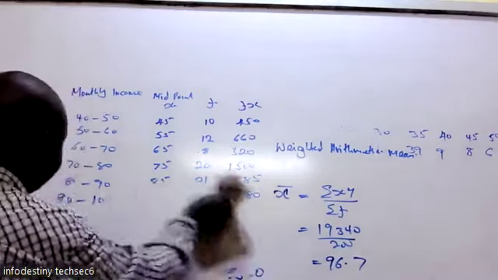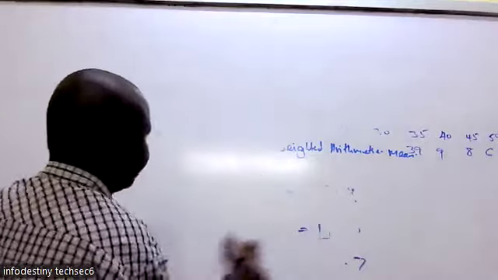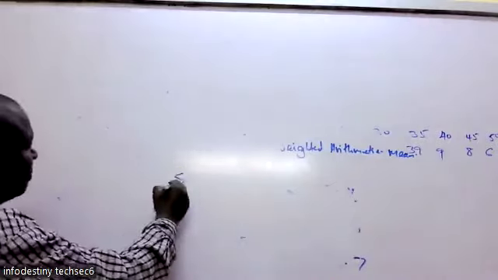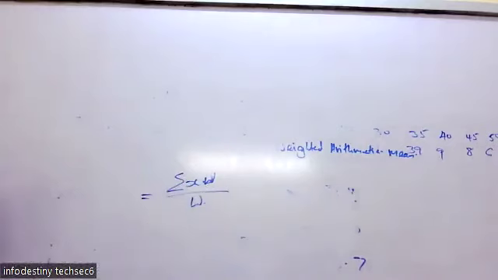Therefore, the weighted arithmetic mean will be equal to summation XW over summation W. Where summation W is the sum of the weights, the downwards.